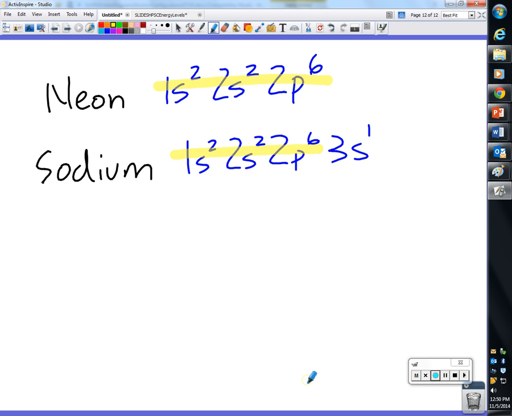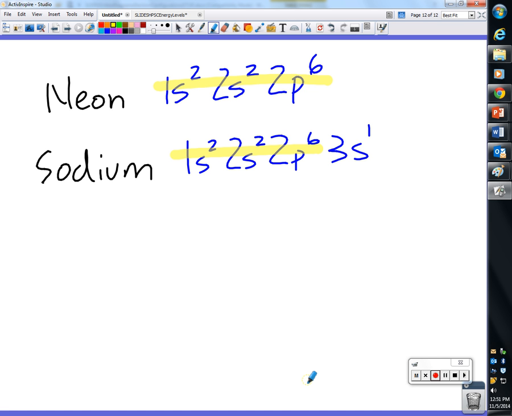First, let's talk about the top one. Neon has 10 electrons. It puts us into the second principal energy level. In the second principal energy level, there's 1 s orbital, 1 sphere, and 3 petals. It can hold a total of 8, my bad. 2 in the sphere, 6 in the p's.